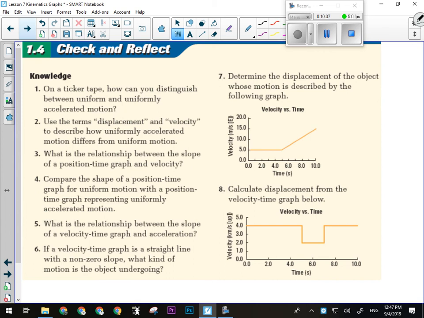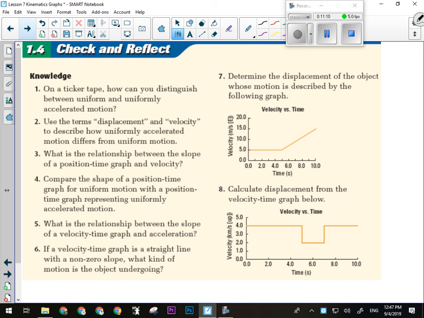Question number 1. You guys don't know what ticker tape is, so I'll phrase this differently. Let's say I've got 2 cars. They both have an oil leak, so they're dripping oil at a very constant rate. They both drive away, and I don't watch them leave. From the oil drops, can I tell which one accelerates and which one moves at a constant speed? How does the constant speed one look?